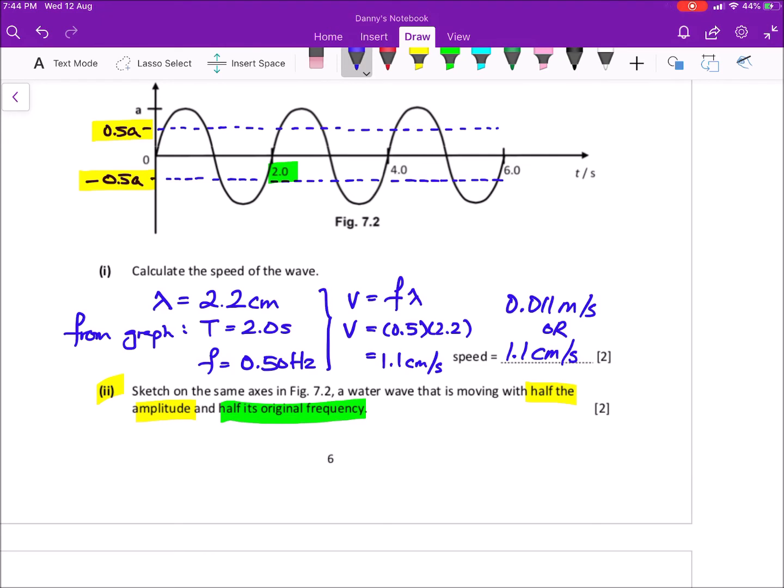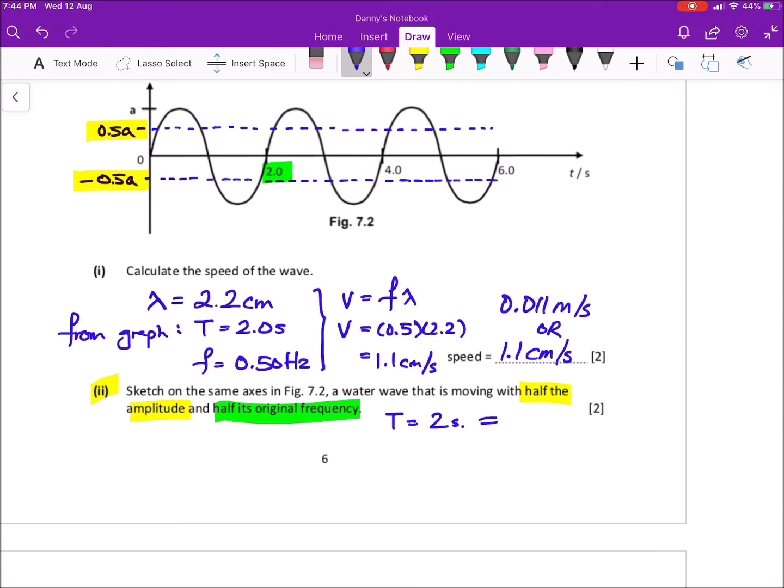Now what I'm saying is that the period of this graph is 2 seconds, right? That means it will give me a frequency of half, because 1 over T. Now based on the change, my frequency is halved, becoming 0.25, right?